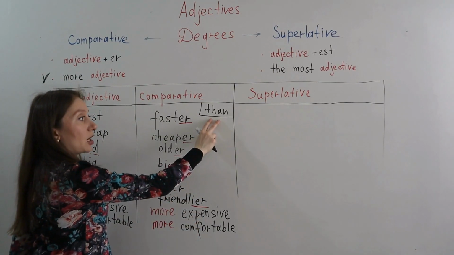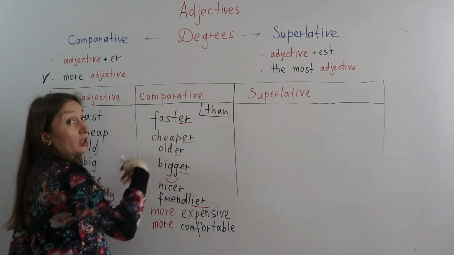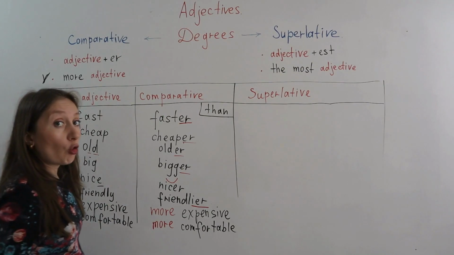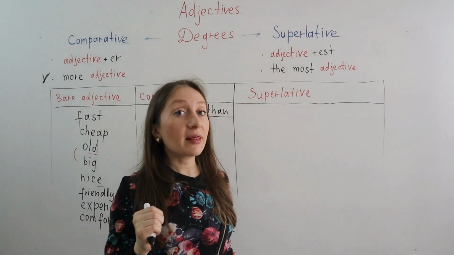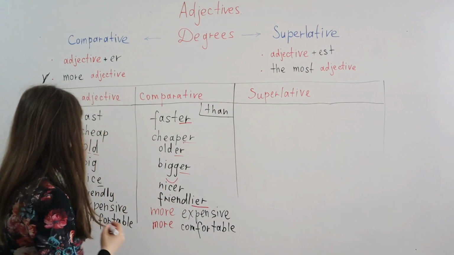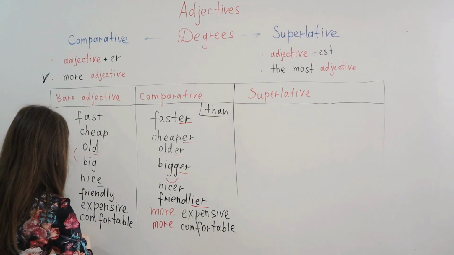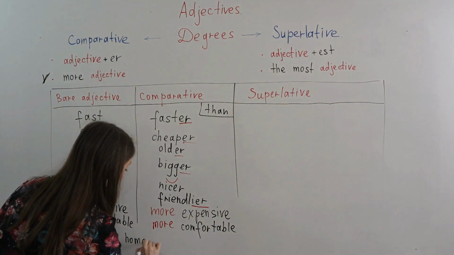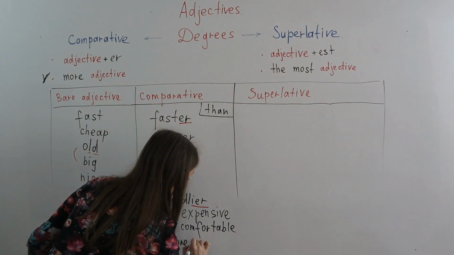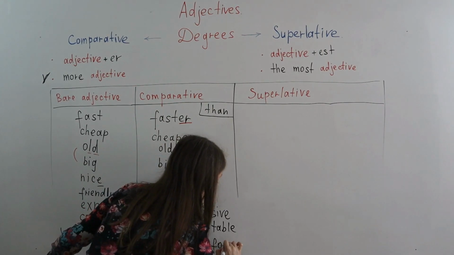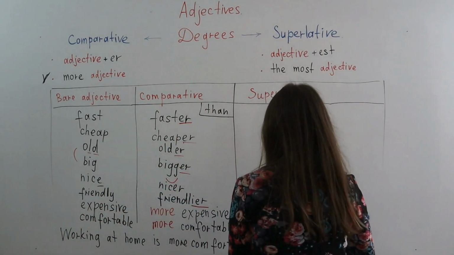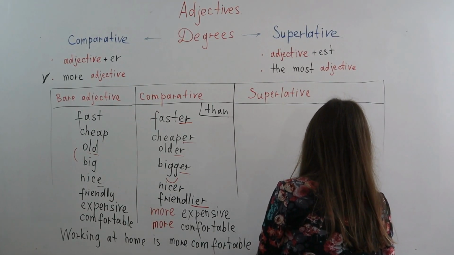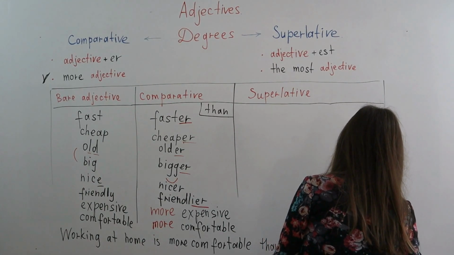Okay, plus we don't forget our helping word than to show that we compare something. So, for example, working at home is more comfortable than working in an office, right? Working at home is more comfortable than working in an office.